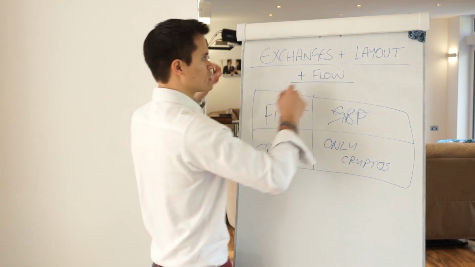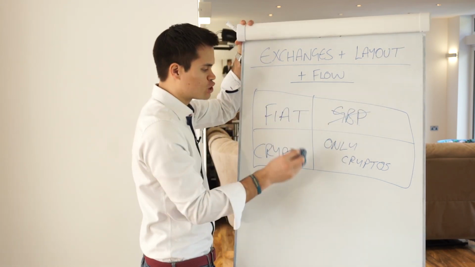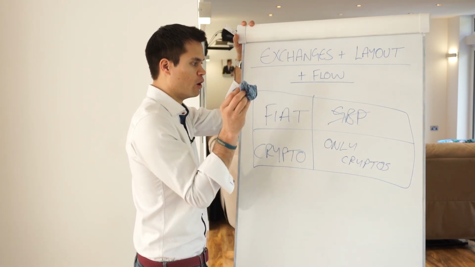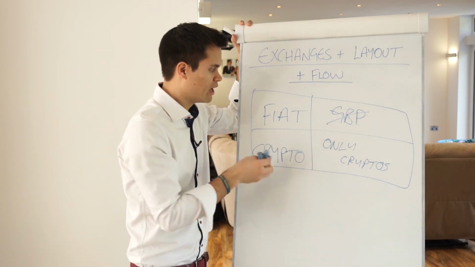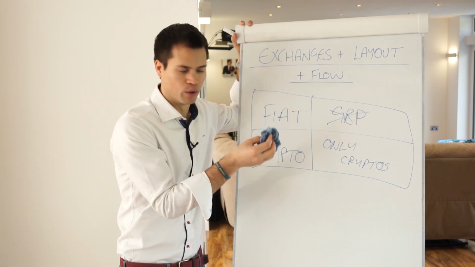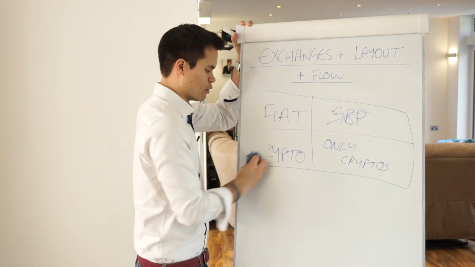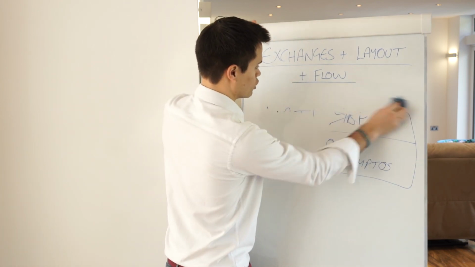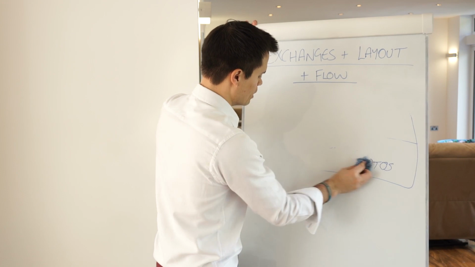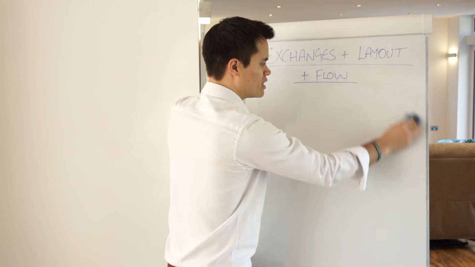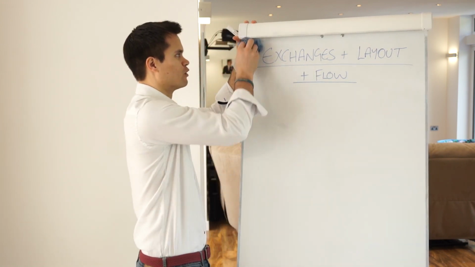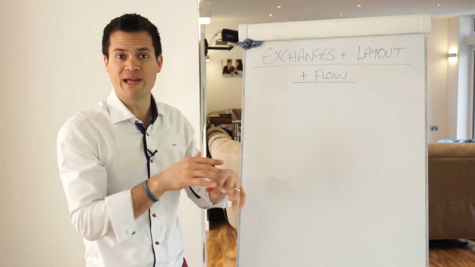So they're the two main exchanges. You basically have to put your sterling into a fiat exchange, buy Bitcoin, and then move it over to a crypto exchange, which I'll draw the flow of in a bit.